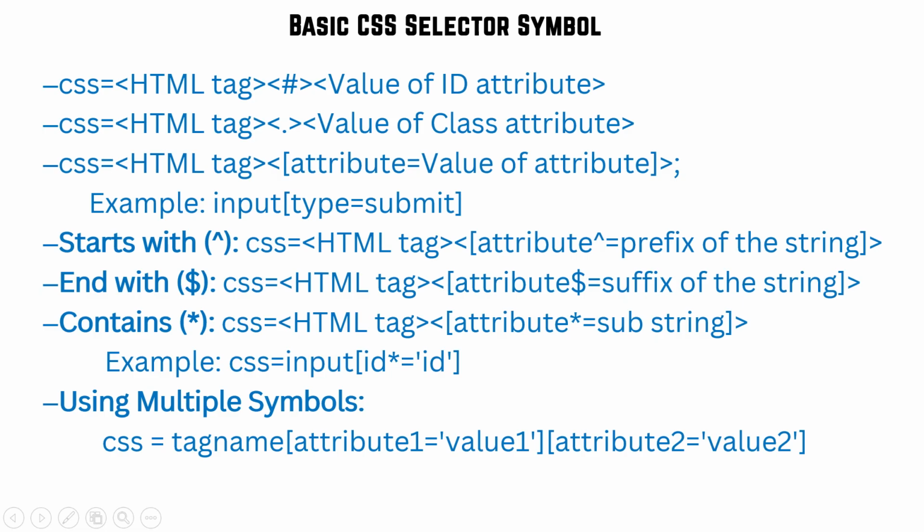So starts-with means tag name, attribute, caret sign, starting or prefix of the string. Ends-with means ending part, dollar sign, and contents means can be starts-with, middle or ends-with anything, a star sign, or you can use id or class, or you can use multiple attributes as well. So that is the way you can try to create your CSS selector.